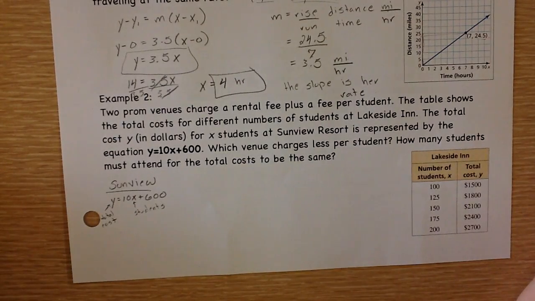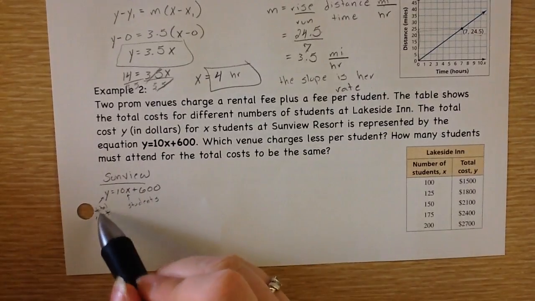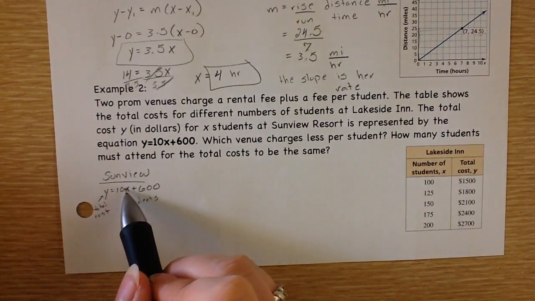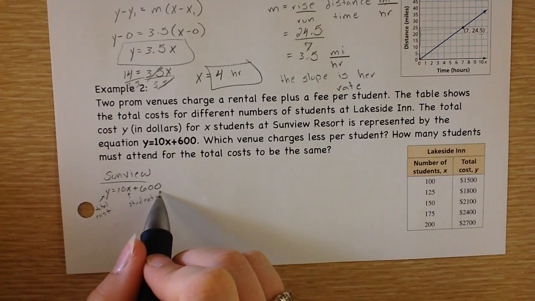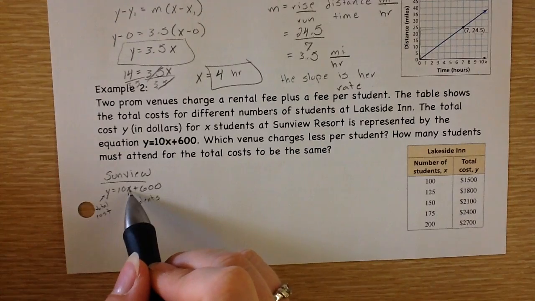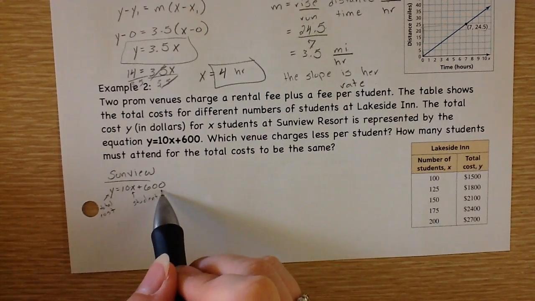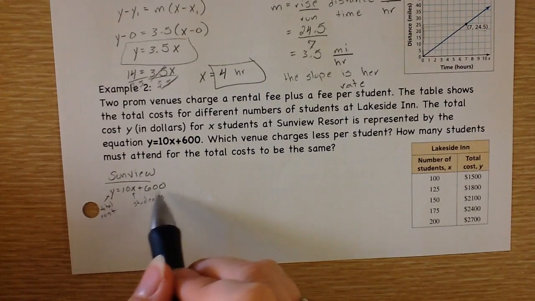Okay, let's just look at the Sunview one because we have an equation for that one already. So the total cost is Y, 10 times X, where X is the number of students, plus 600. So if you think about it, if one student went, it would be 10 times 1, 10 plus 600, 610. If 2 students went, it would be 10 times 2, which would be 20 plus 600.